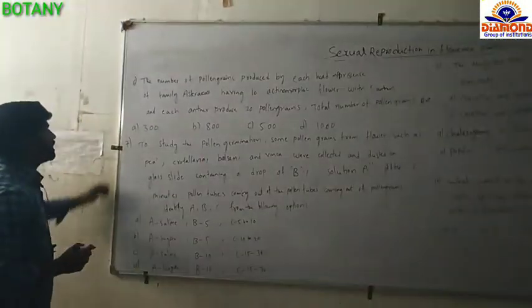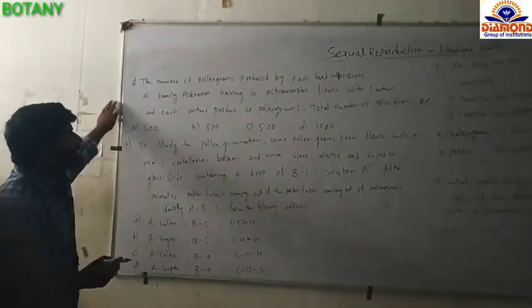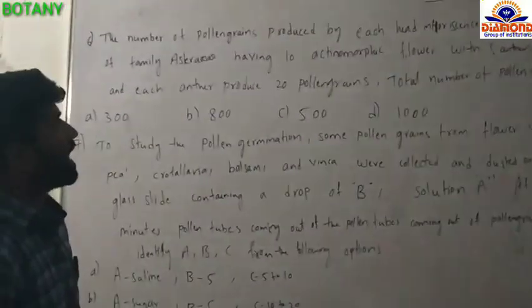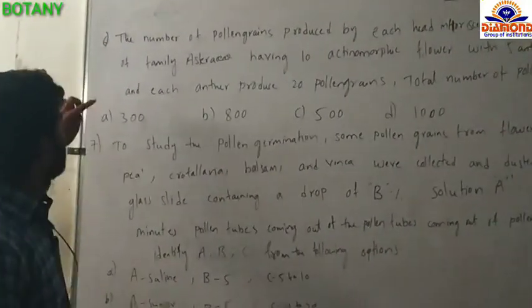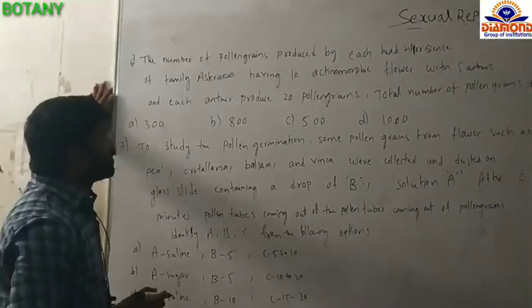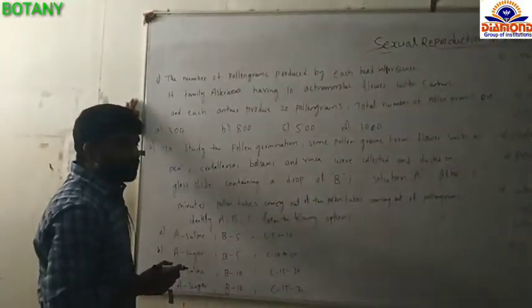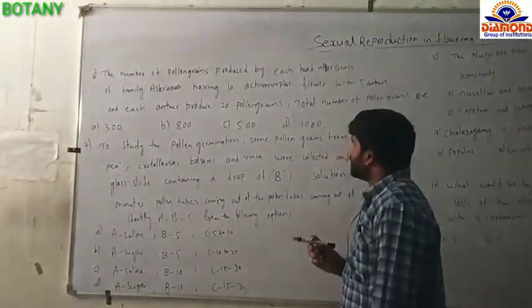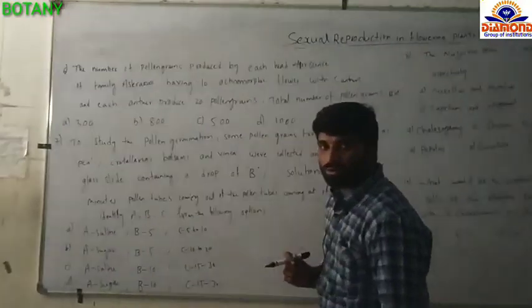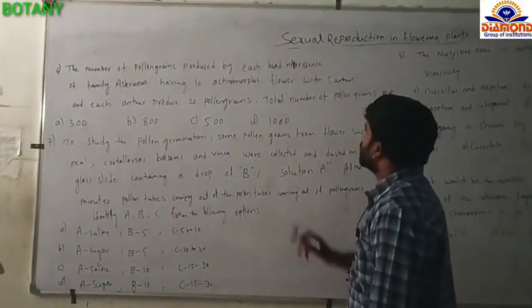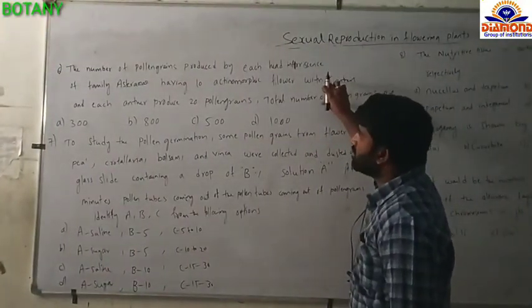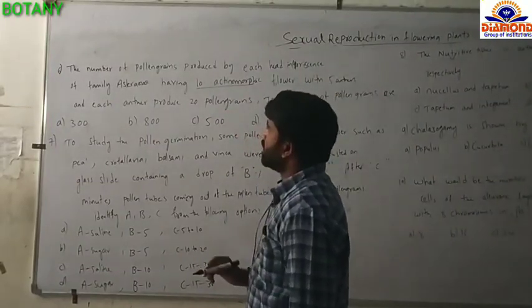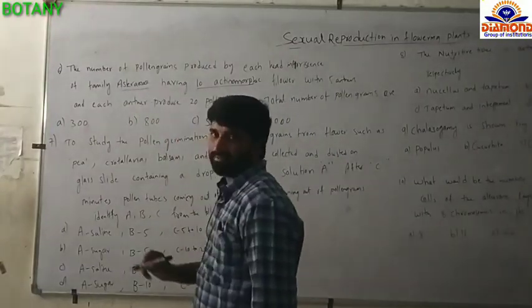Next question: the number of pollen grains produced by each head inflorescence of family Asteraceae having 10 actinomorphic flowers with 5 anthers, and each anther produces 20 pollen grains. What is the total number of pollen grains? We have to calculate how many pollen grains will be produced from the 10 flowers, which belong to the family Asteraceae.